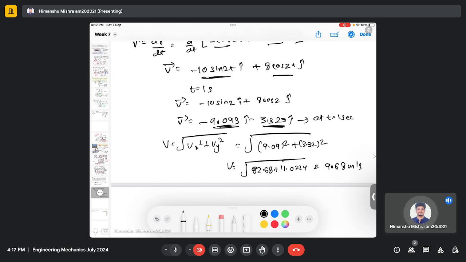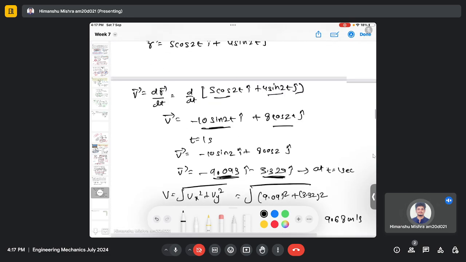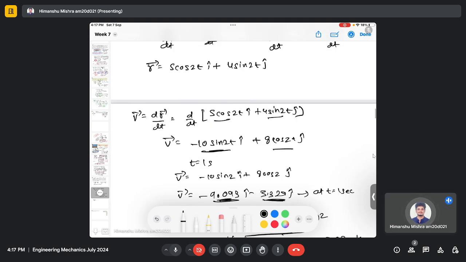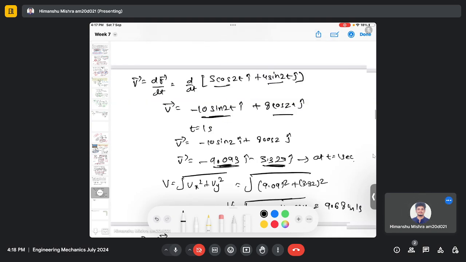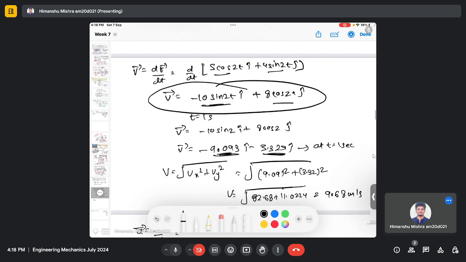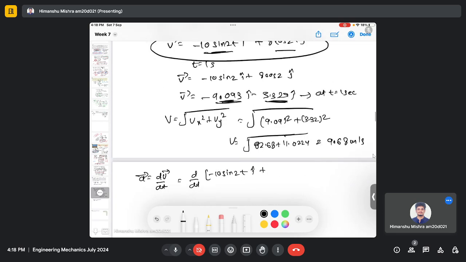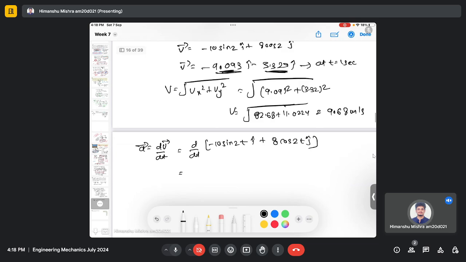And in a similar manner, you can find the acceleration. The acceleration vector can be given as the rate of change of the velocity vector in time. And you already know the velocity vector. Again, you have to differentiate it with respect to time.